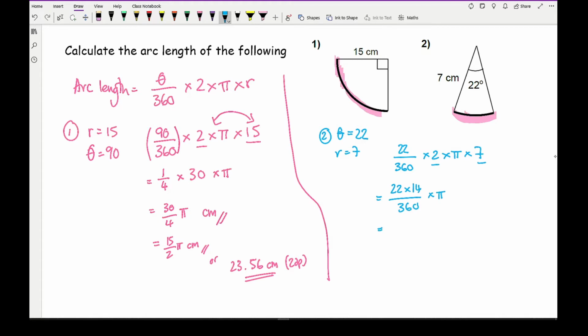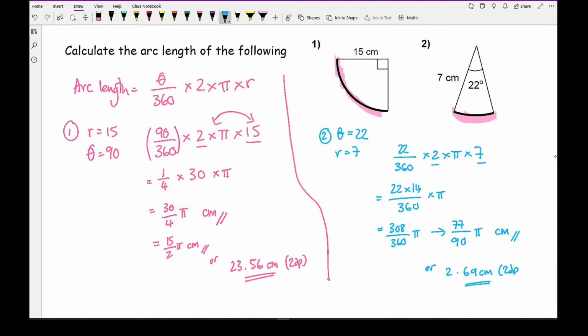So 22 times 14 is 308 over 360 pi, which simplifies, and it will because I've got even numbers. So here I can divide both numbers by 4, so I get 77 over 90 pi, and that's again in centimeters. Now again, if I want to write that as a decimal to 2 decimal places, it gives me an answer of 2.69 centimeters.